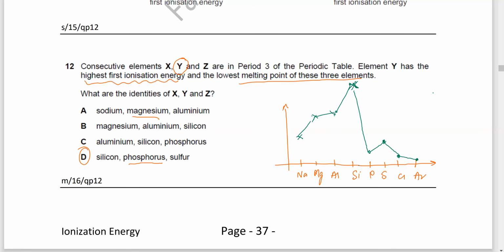So this is how the sketch is. And he was saying that the middle element, so let's say this is X, Y, and Z, should have the lowest melting point. So phosphorus actually has the lowest melting point on this graph. So not only does it have the highest ionization energy, but it also has the lowest melting point.